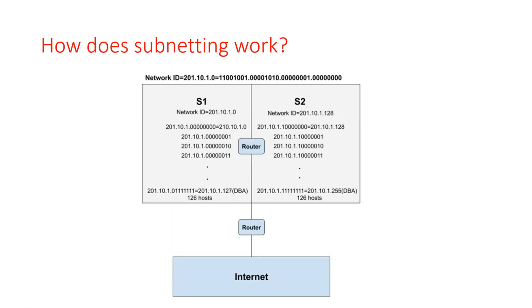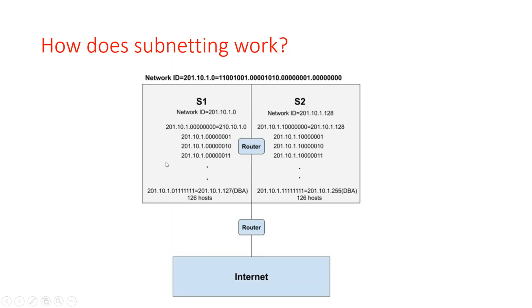The range of IP addresses in the second subnet network is from 201.10.1.128 to 201.10.1.255. So this is the first subnet and the second subnet: the range of the first subnet is from 0 to 127, and the range of the second subnet is from 128 to 255.